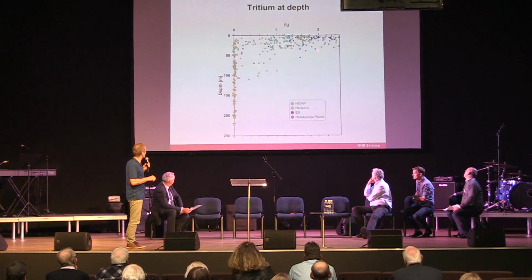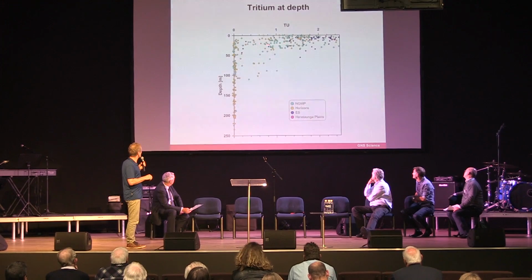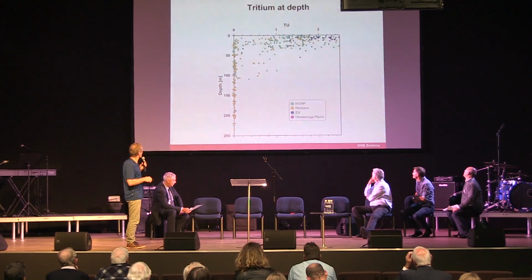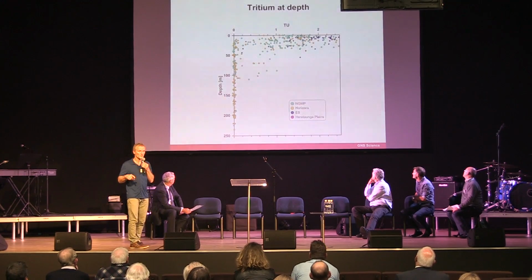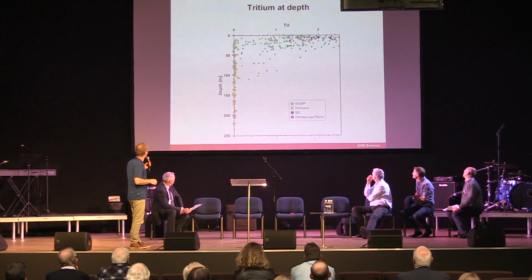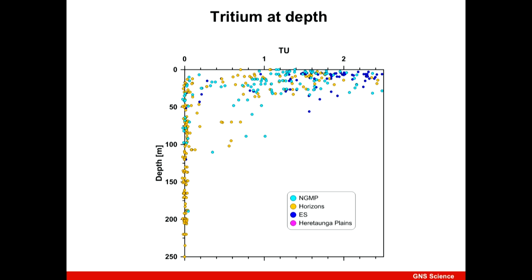The higher the tritium, the younger the water, plotted versus depth. The yellow data is from the neighbor here, Horizons region. The light blue data is from the National Groundwater Monitoring Program, which is all across New Zealand, and the dark blue data is from Southland. What we see is that very little tritium mixes down into the aquifer. The further down you go, the older the water.